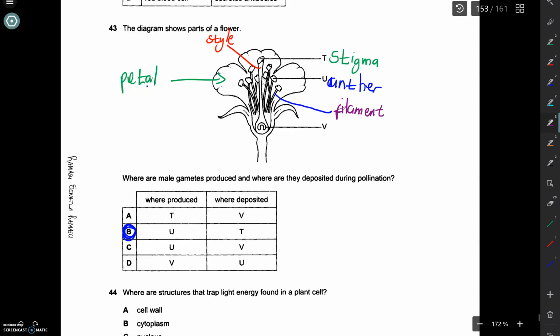V, well, this structure here would be the ovary, and V will be ovule, right? And finally we have this thing here being the sepal. Okay.